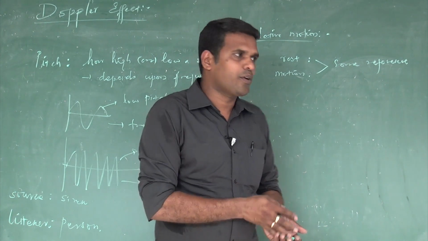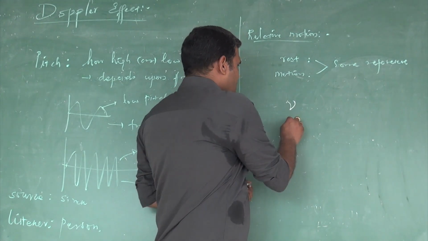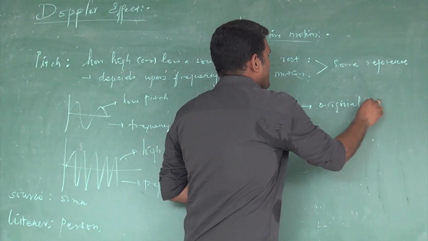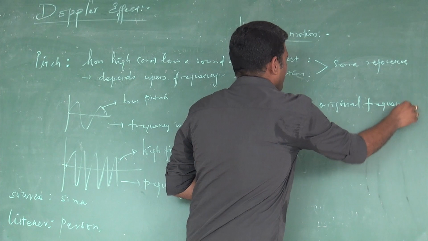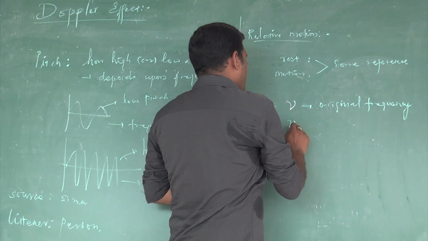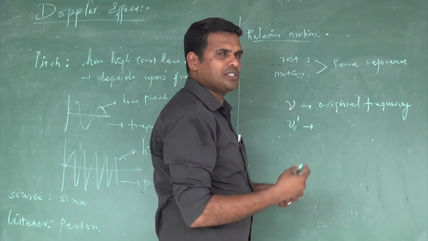Sound is produced with some frequency, I can call it nu. This is the original frequency. And the frequency heard by the listener can be nu L or nu naught or nu prime, whatever you wish.